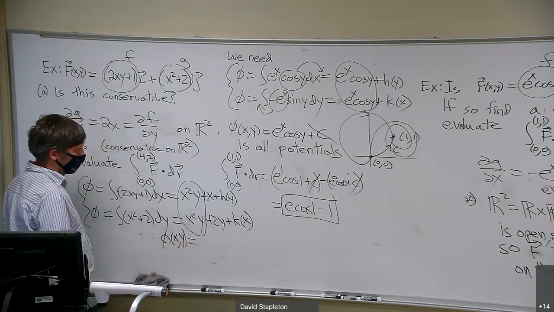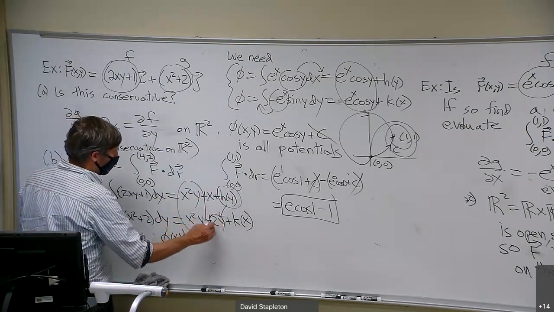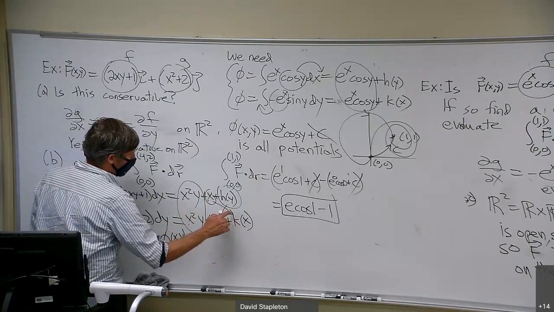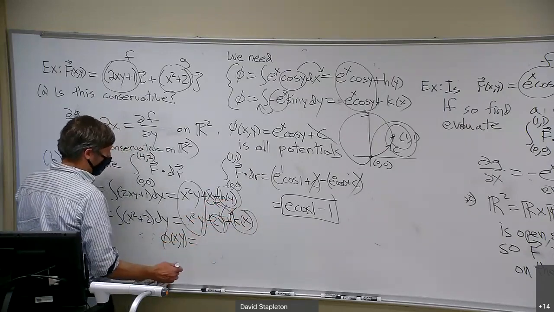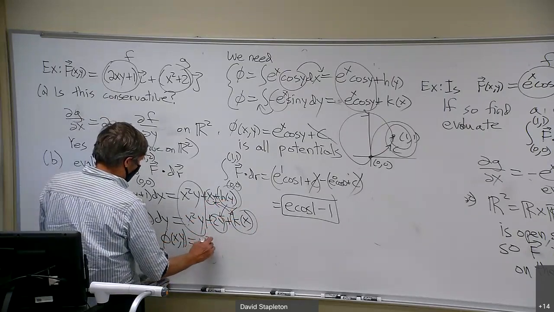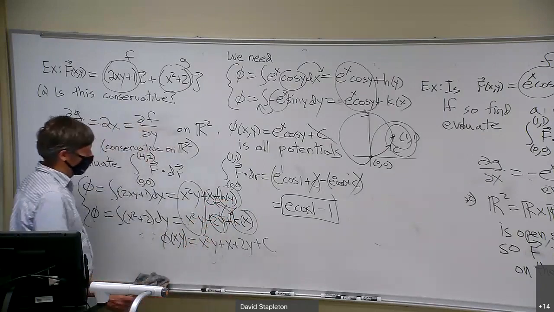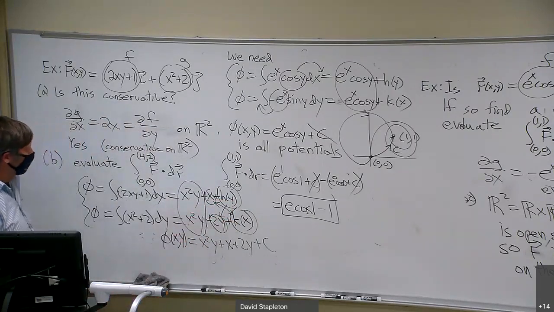But h of y must be 2y, and k of x must be x. Then you can add an arbitrary constant in either of these. So phi must be x squared y plus x plus a constant.